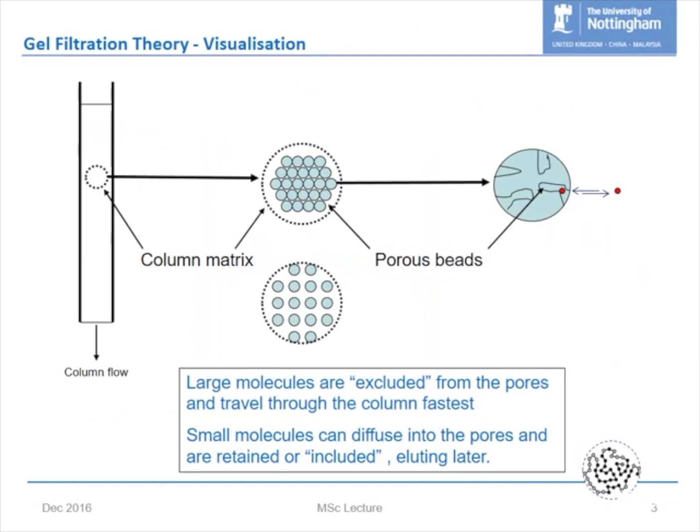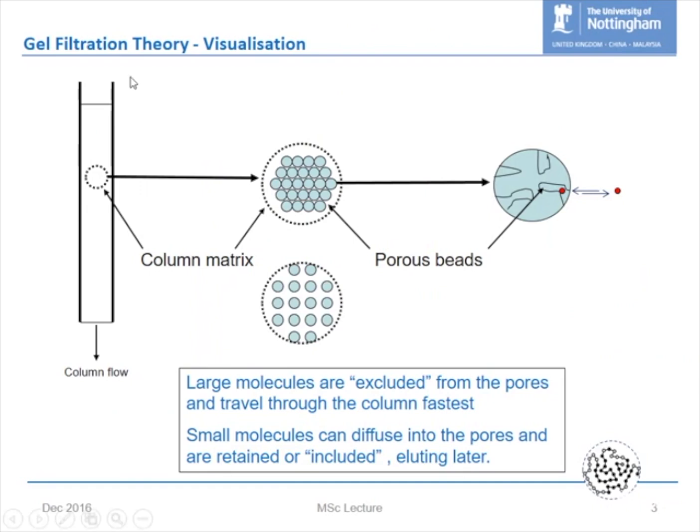Great. So what I have here is another schematic, as we've shown previously. We have our column, which instead of being wall-coated open tubular is now a collection of individual spherical particles.